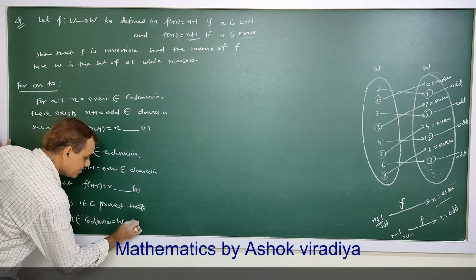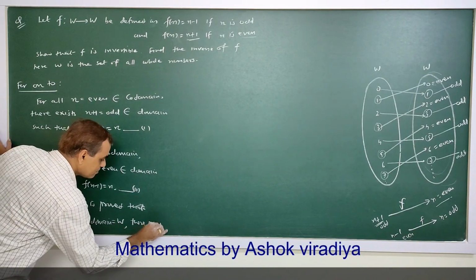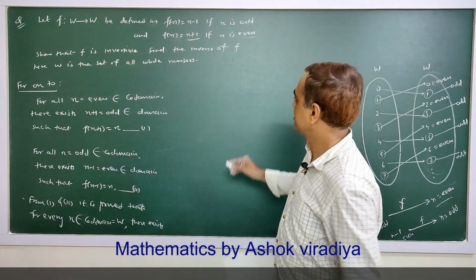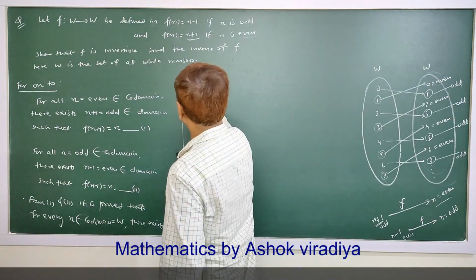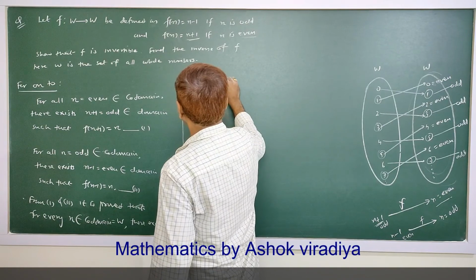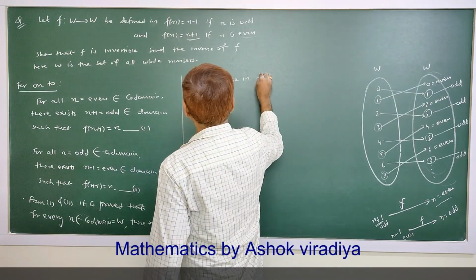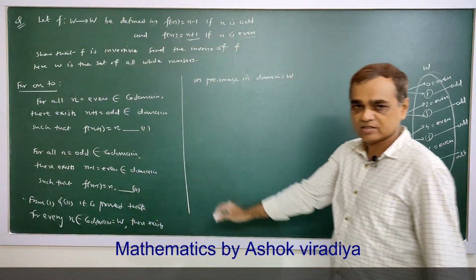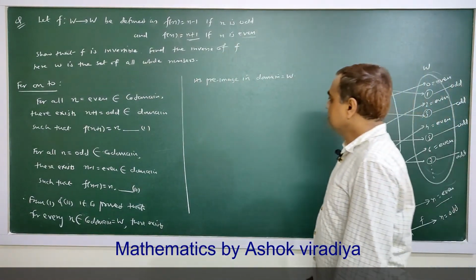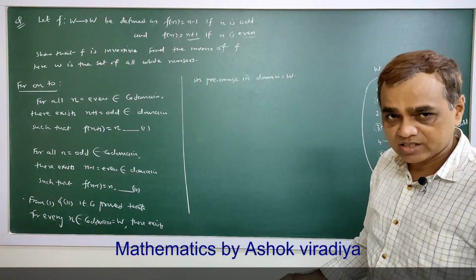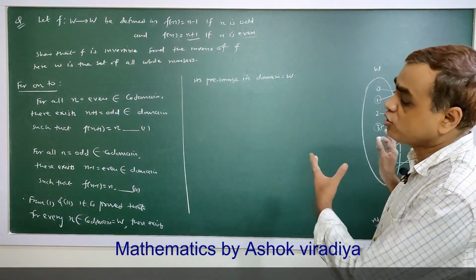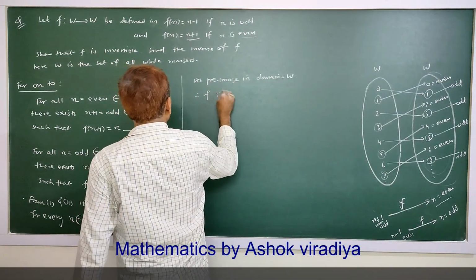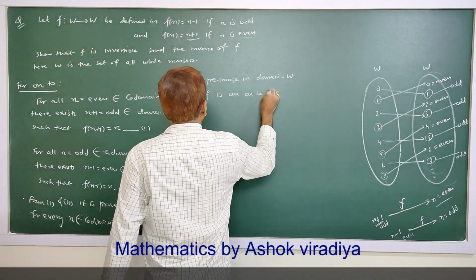There exists its pre-image in the domain. What is the domain? Set of whole numbers. So that means this function is an onto function. Therefore, the given function is an onto function.